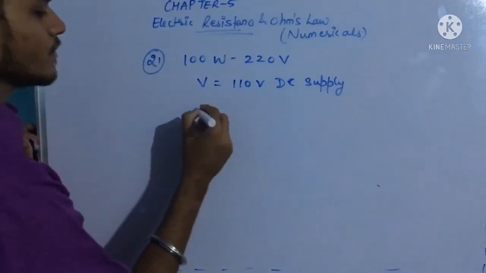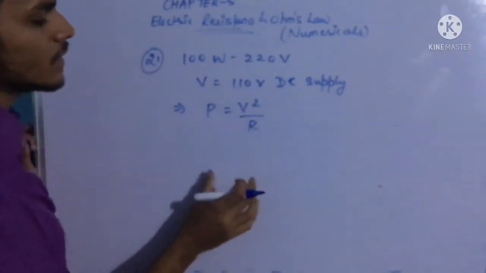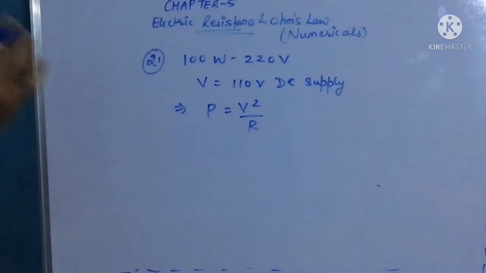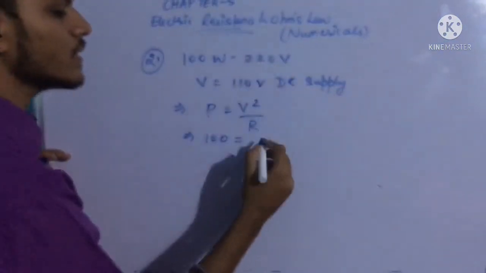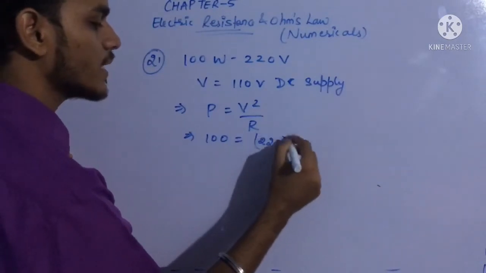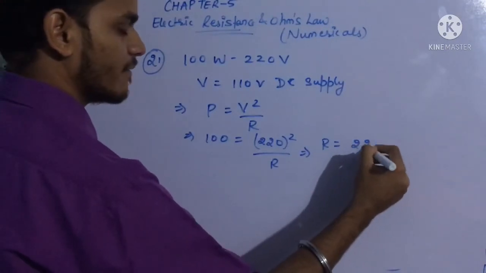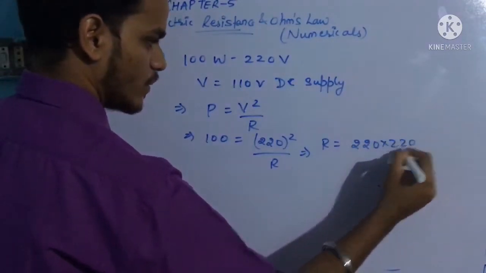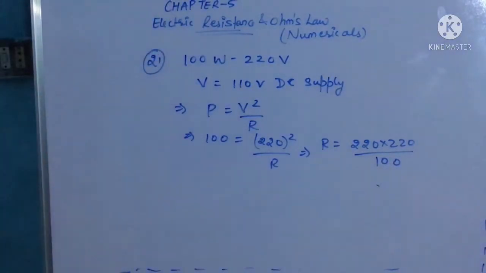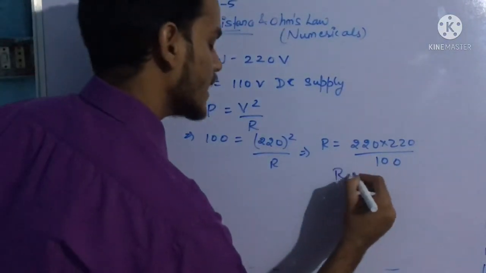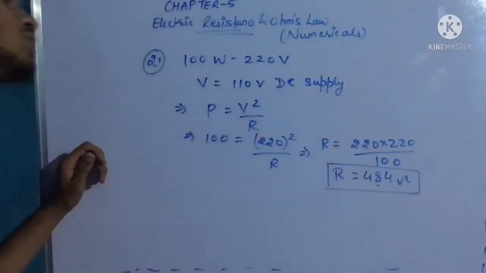First of all, we have the formula P equals V square upon R. Using the first values given, 100 watt power, 100 equals 220 square upon R. Cross multiplying, we get R equals 220 into 220 upon 100. On solving this, R equals 484 ohm. Make this a box.